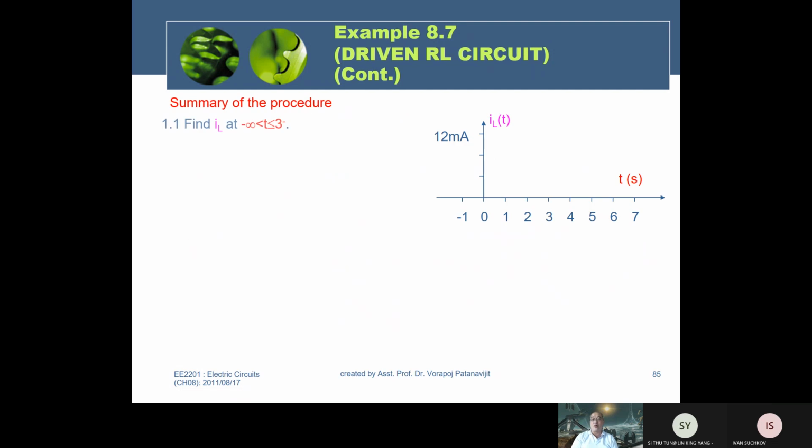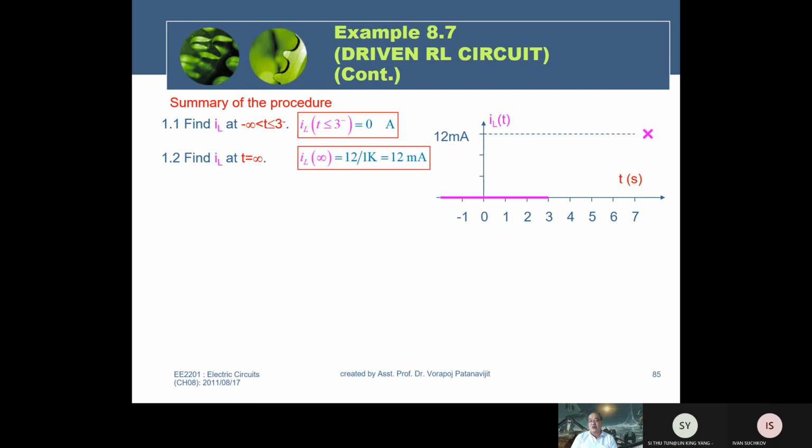From the overall point of view, we can summarize the procedure as follows. IL for time less than 0 is equal to 0, because from the circuit structure, for time less than 0 there is no source activated in your circuit. But at time equal to infinity, the source will be activated at 12 volt for a long time, and the current will reach 12 milliamp.